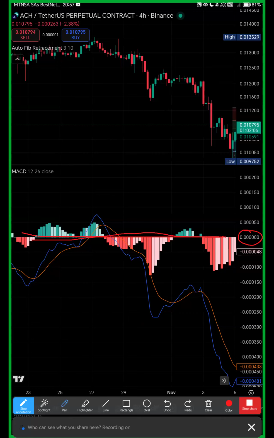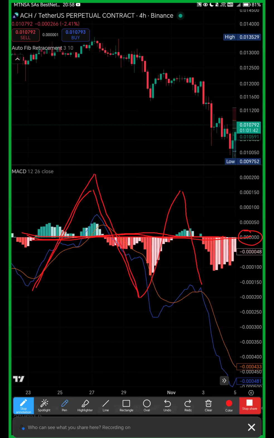So these two lines, they will go up there, they will come down here, they will go up there, they will come down here, like that. But when they are moving, they normally cross this baseline, which is the zero line. So they will cross and go above on top, then they will also cross and come down, which is below.